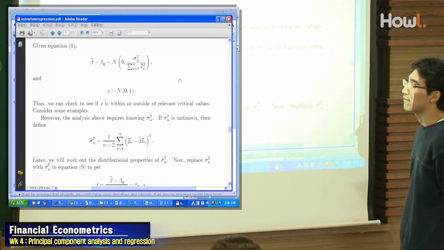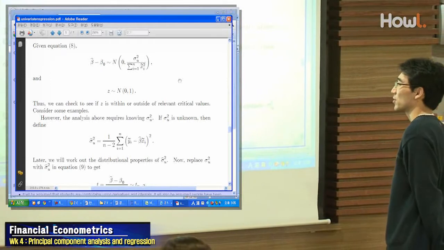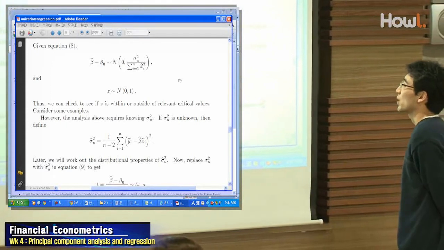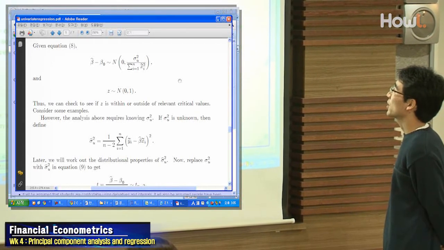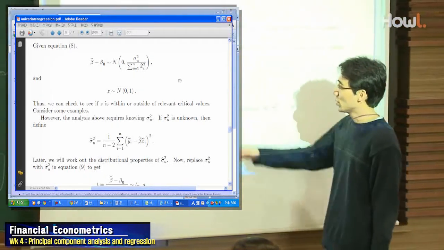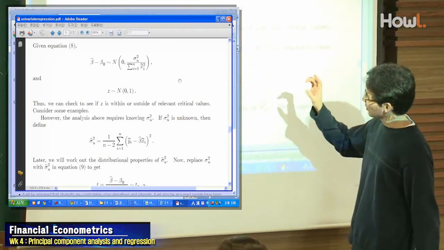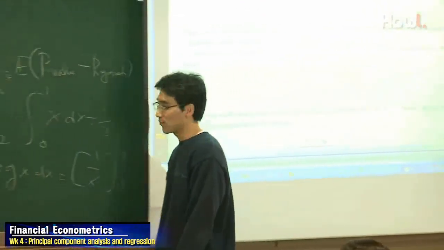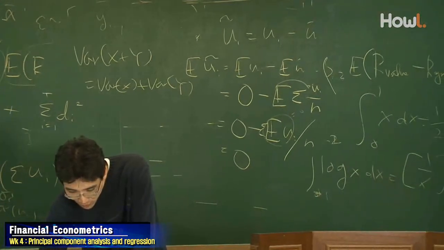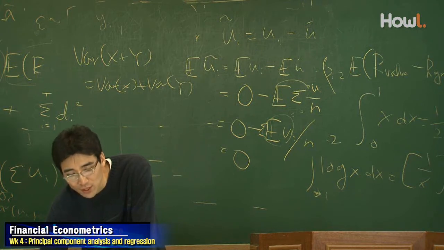If we don't know the variance of the error term, then we have to estimate it, and we can estimate it in this way. We will investigate this later on. If we have this estimation and divide this one by this one, it is basically called a t distribution with n-2 degrees of freedom.